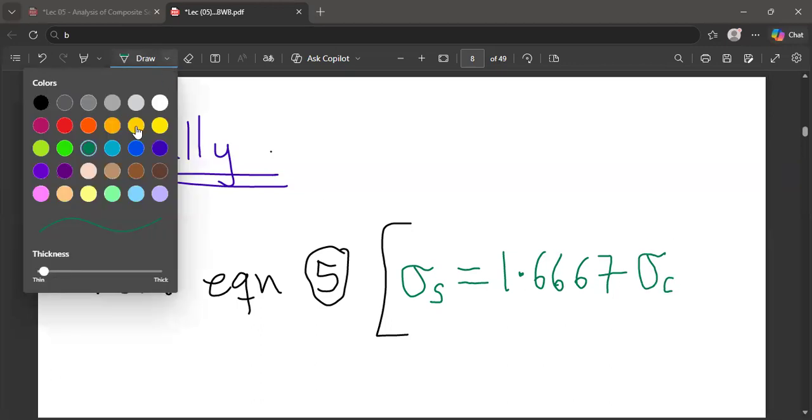Okay, that is the stress in the copper tube, and this was our equation 5.